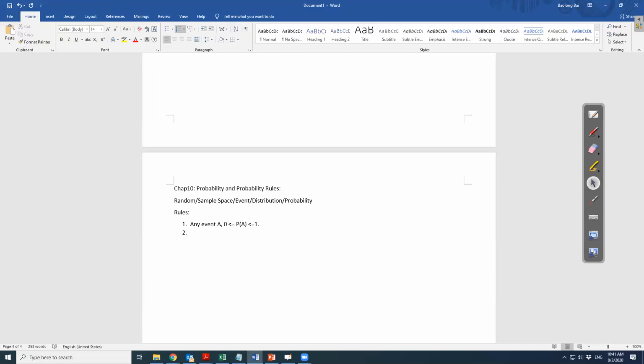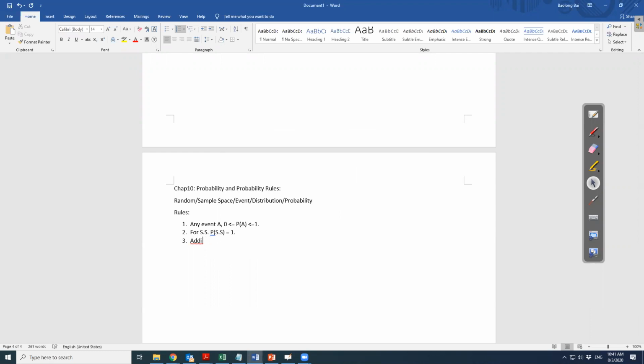That's the smallest and biggest probability. And then for a sample space, the probability of the entire sample space always equals 1. There's no exception, right?